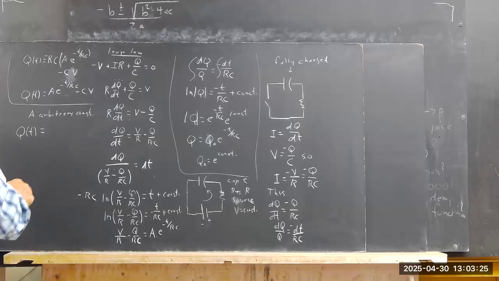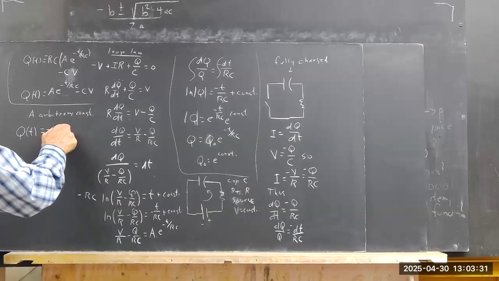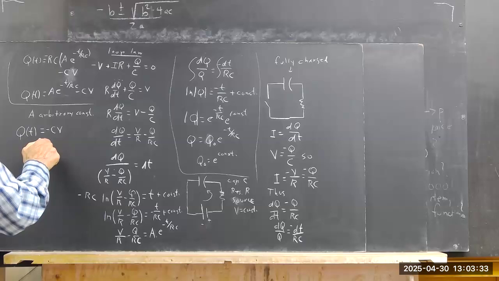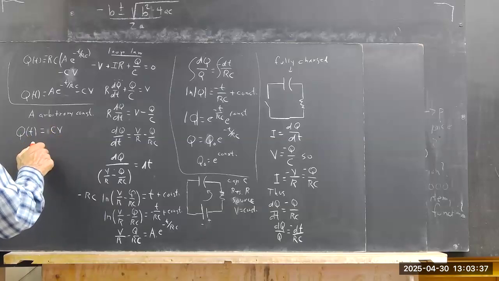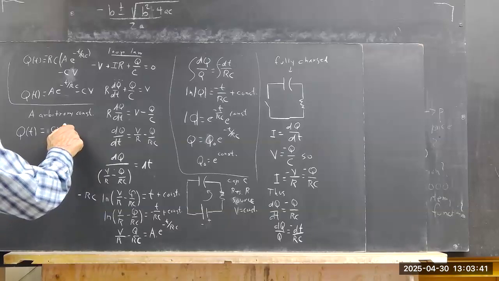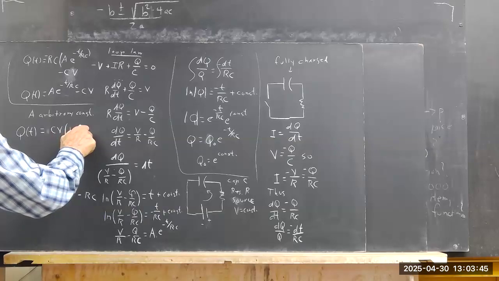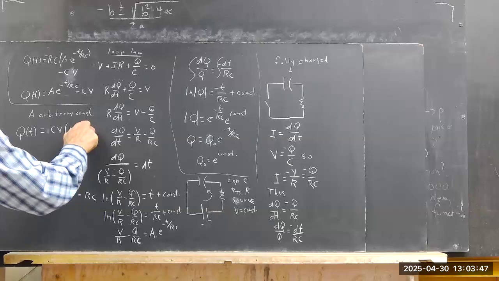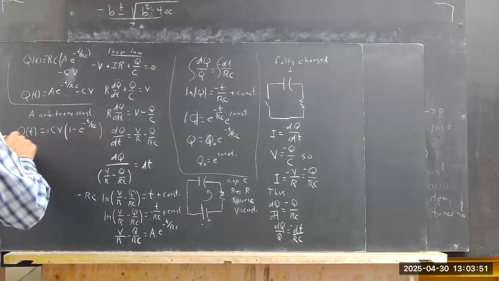We can let the arbitrary constant equal CV. Let's let it equal CV. Just needed to make a constant, is what happens.